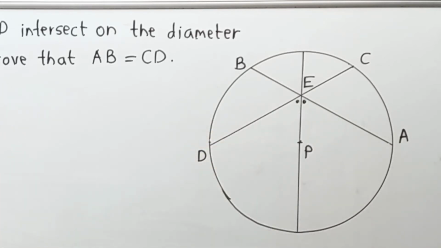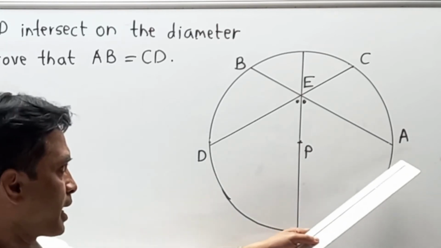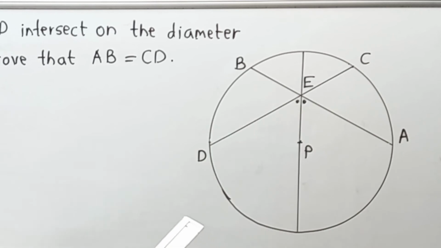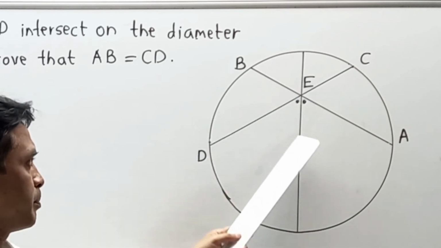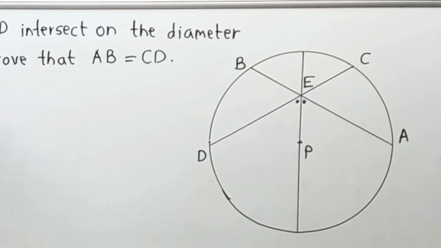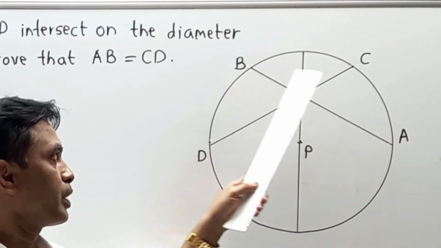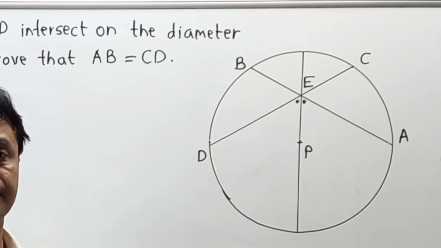If angle AEP, means this angle, is congruent to angle DEP, means this angle, then prove that AB is equal to CD. Then we have to prove that chord AB is equal to chord CD.